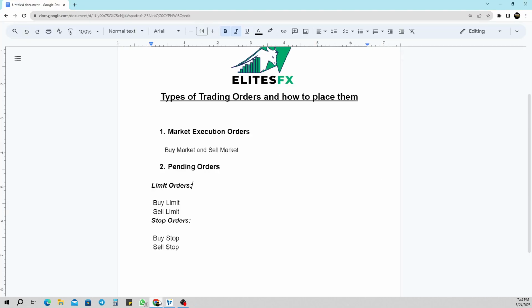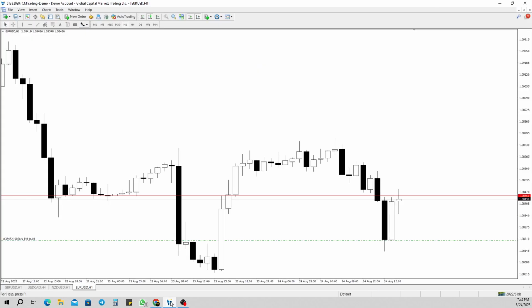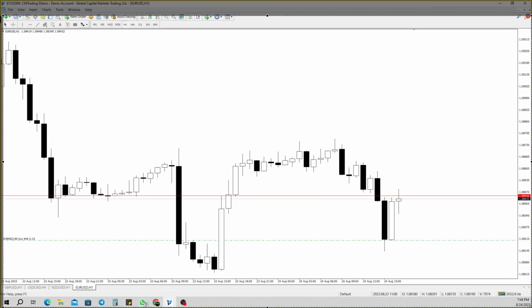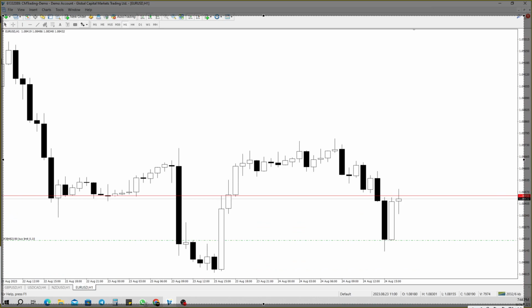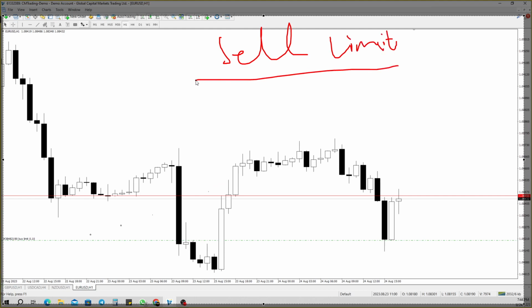Now the second type is sell limit. So now let's talk about sell limit. Let me use my pen to explain what that means. A sell limit is used to enter a sell trade at a price which is above the current price.